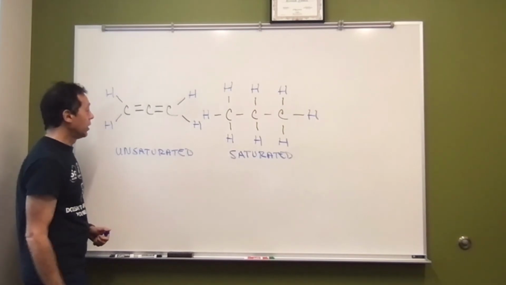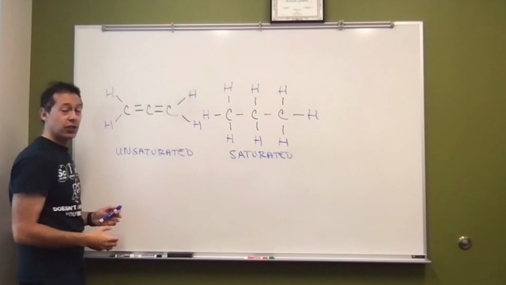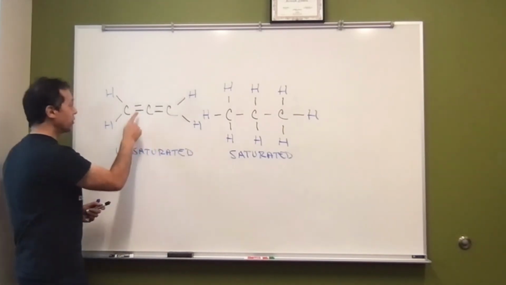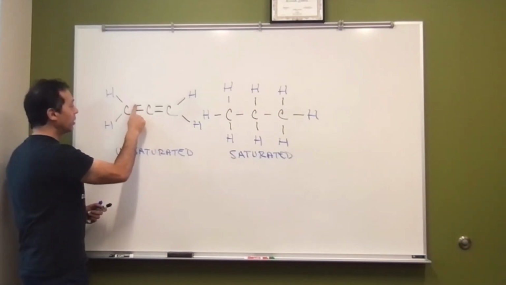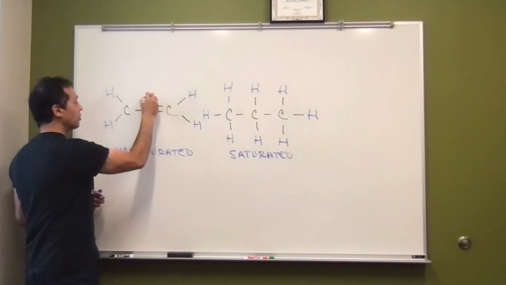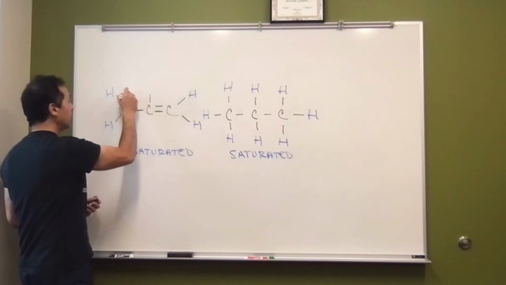So if this has 4 and this has 8, then clearly there must be 4 that we could add to this. So how would we do that? Well, we would break these double bonds. Whenever we break one of these double bonds like this, I'm going to end up with another bond here, because remember, each carbon atom likes to have 4. And I'll add another one here.